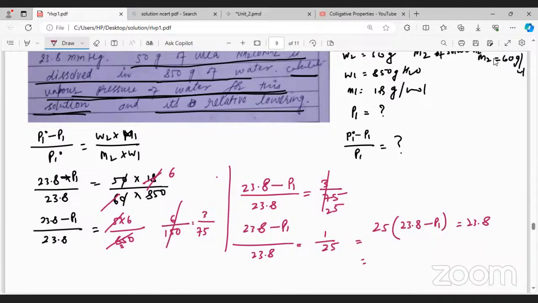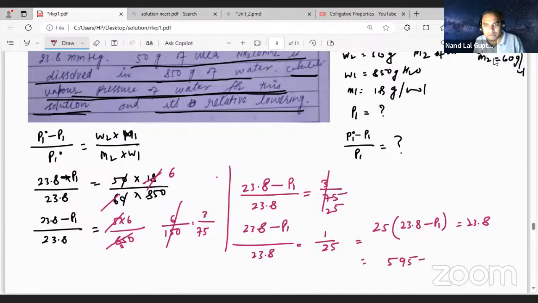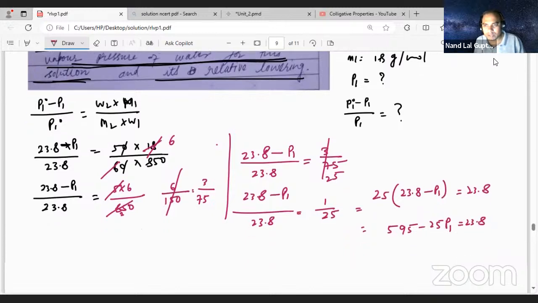25 multiplied by 23.8 is coming 595. Minus 25 P1 is equal to 23.8. Now what you can do here, 595 minus 23.8 is equal to 25 P1.